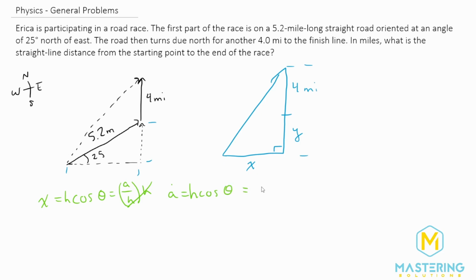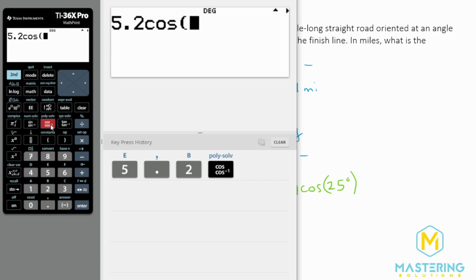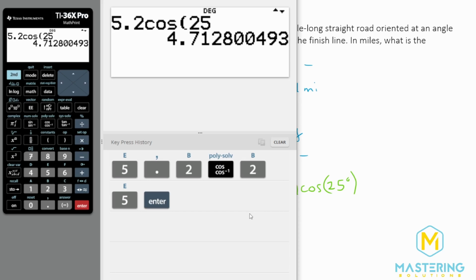So if we plug that in, the h is 5.2 miles times the cosine of 25 degrees. So now we have 5.2 times the cosine of 25 gives us 4.71 miles.